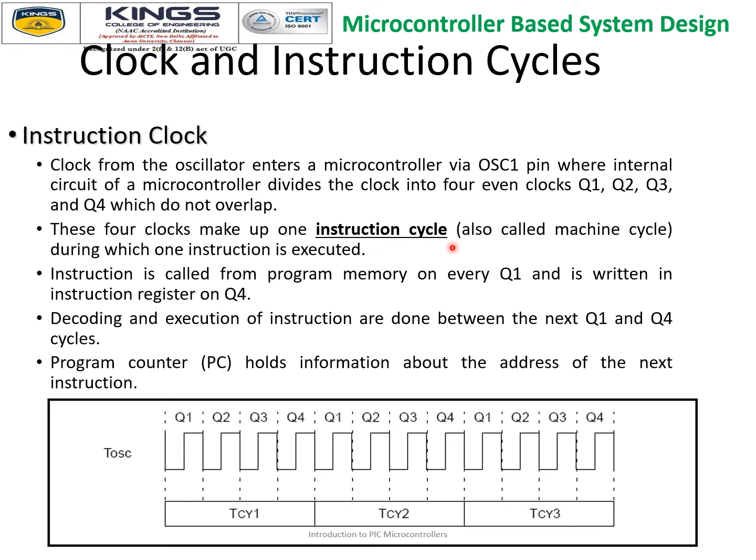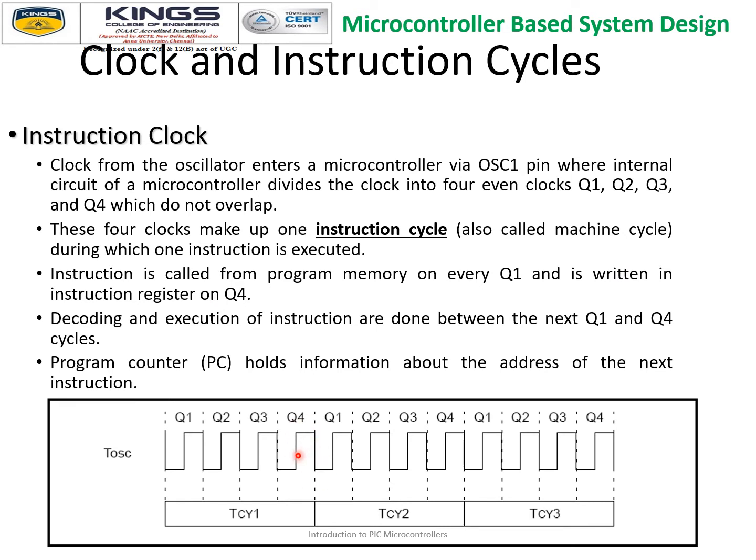An instruction cycle can also be called a machine cycle. It comprises 4 clocks, Q1, Q2, Q3 and Q4. For every Q1, an instruction is called from program memory, as we know that the program is stored in program memory. The instruction is called during Q1 and is written in the register during the last one, that is Q4.